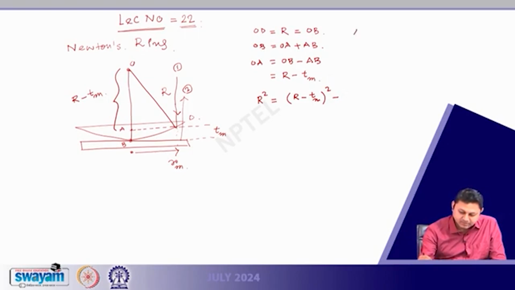So AD is equal to Rm, and I am just using the Pythagoras theorem, which is AD square plus AO square is equal to OD square.